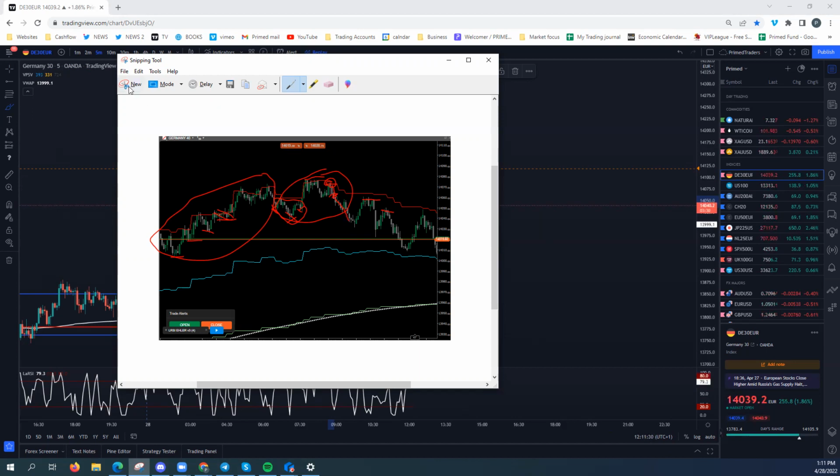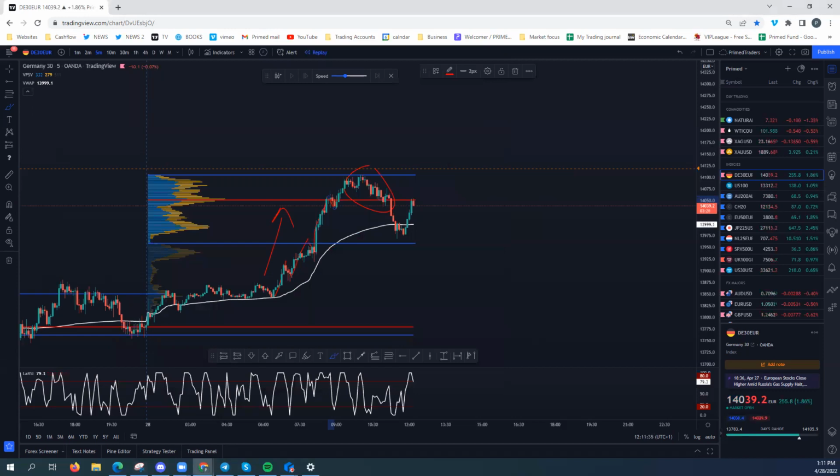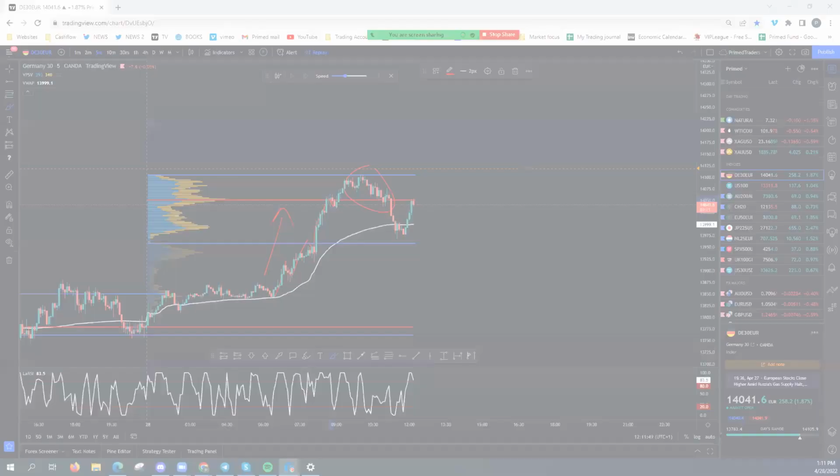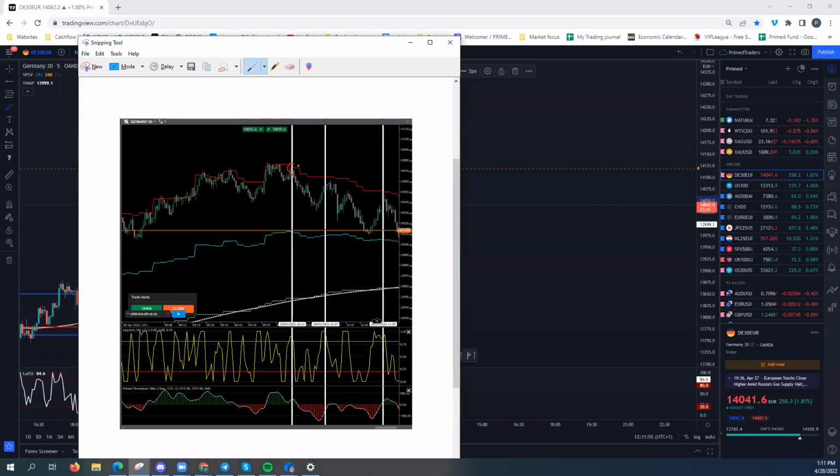Now let's pay attention to the hooks here together, guys. Let's map in all of the pullbacks, every pullback that we see on the chart. There were 3 major hooks that occurred at that level. Pullback, lower high.